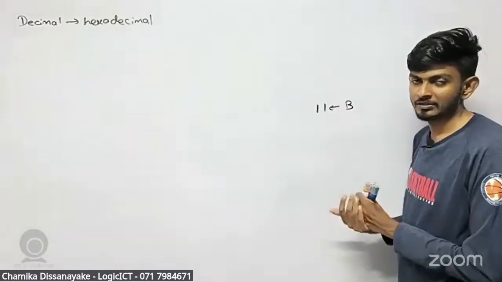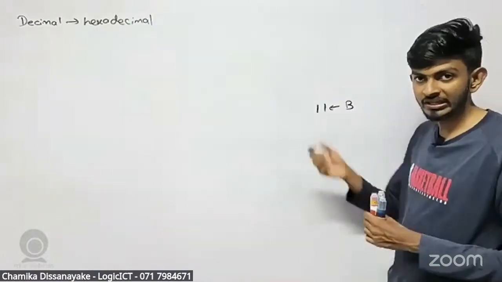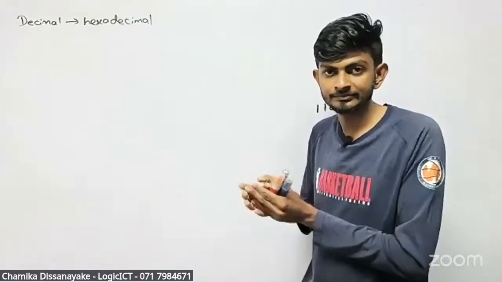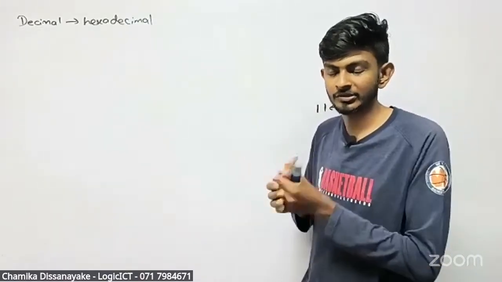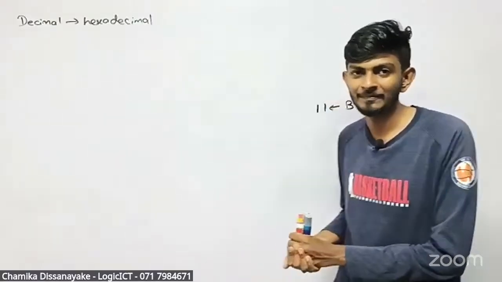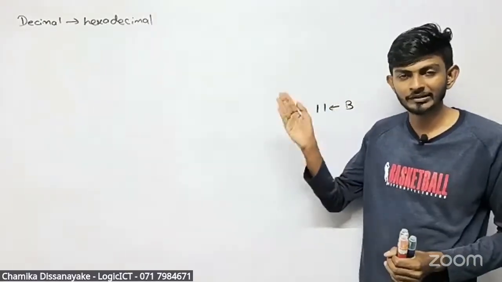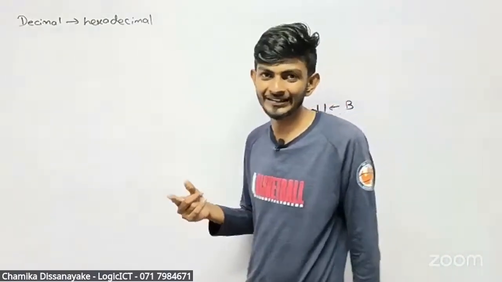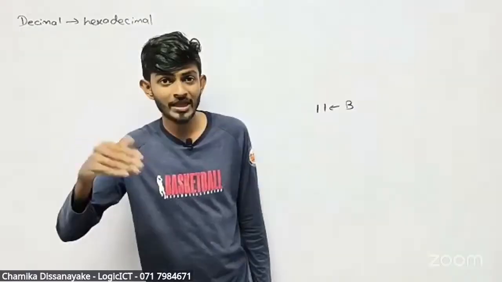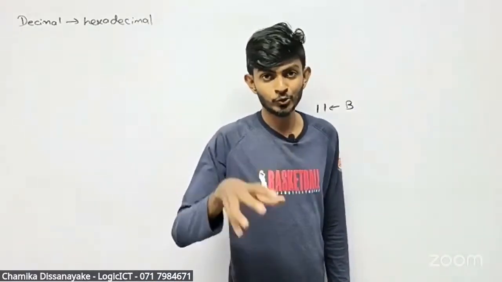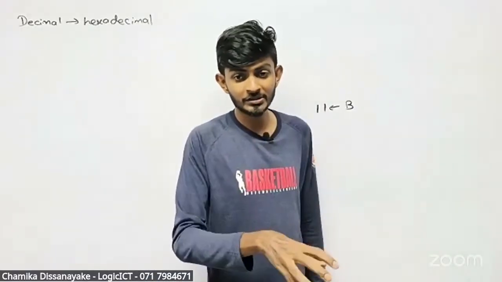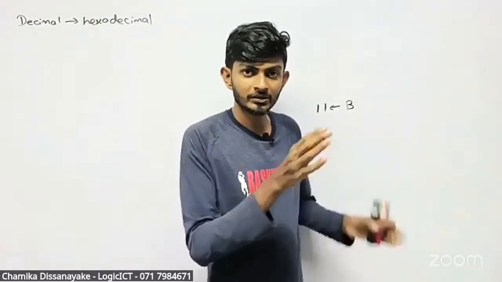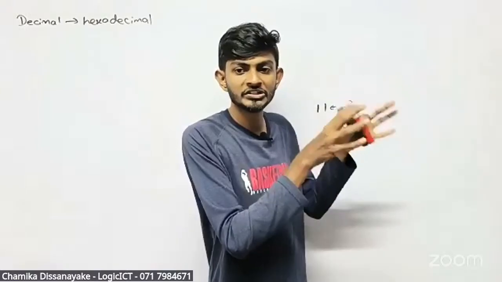If we have a remainder more than 10, actually the remainders will always be less than 16, what we have to do is assign the character or digit that we have assigned for each value.